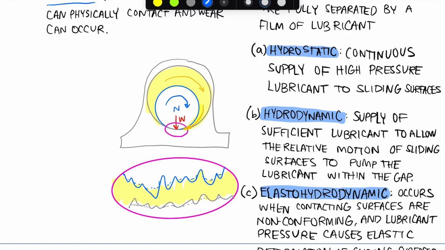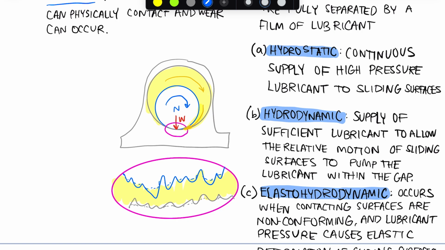But elastohydrodynamic lubrication can also occur in journal bearings where the size of the contact region extends over a substantial portion of the journal and the bushing.